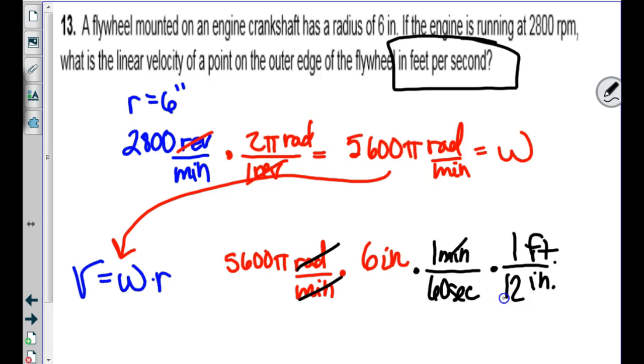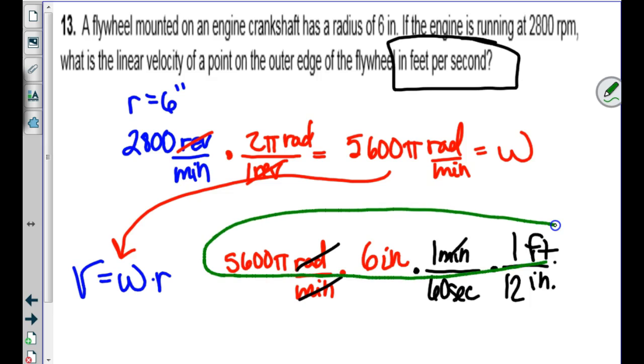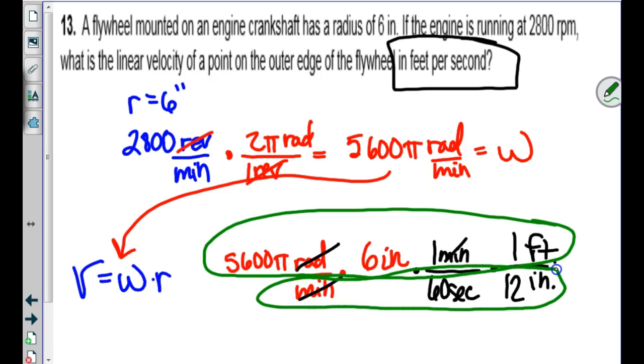Absolutely. It doesn't matter what order you do the process in as far as typing it in separately. I usually just go all the way across the top first and then all the way across the bottom, but you can do it as separate division problems. If I do the top, I have 5,600 times 6 and times pi.